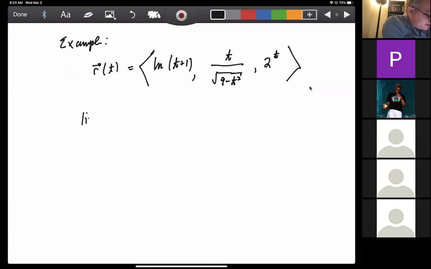And let's say that we want the limit as t goes to 0 for this function.